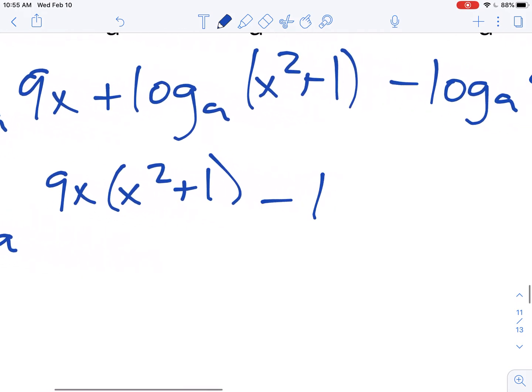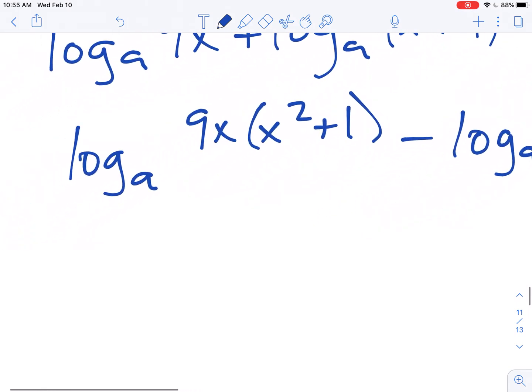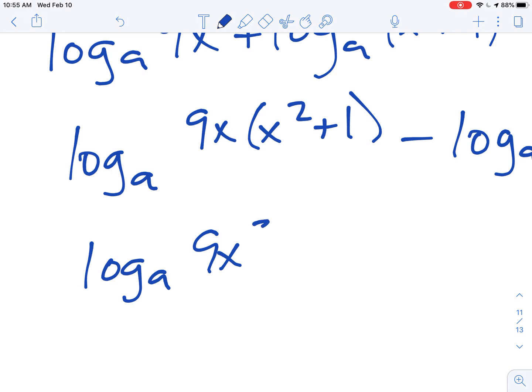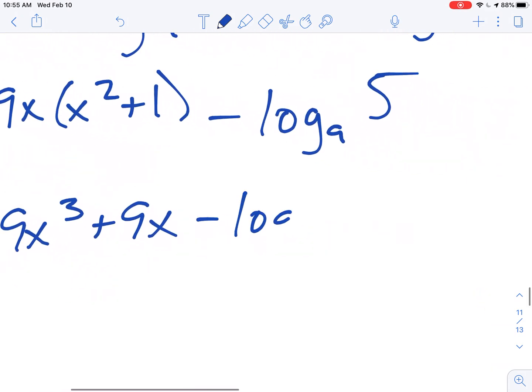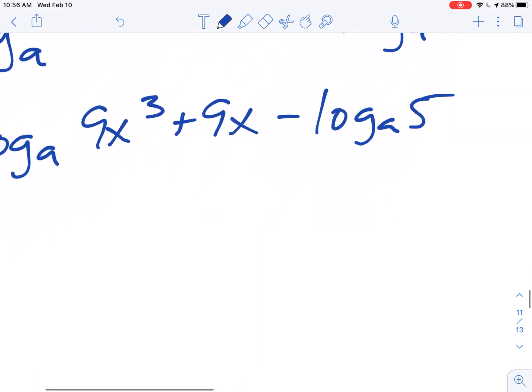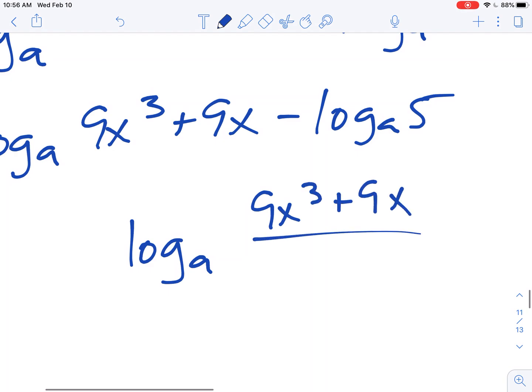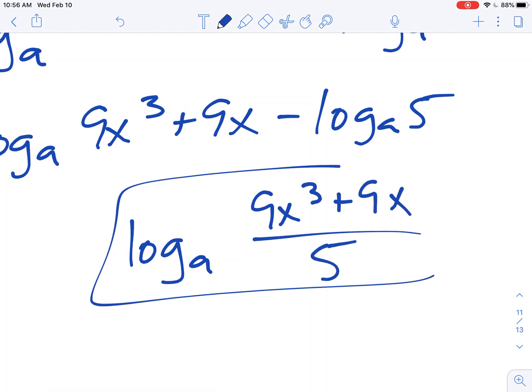And this is minus the log base a of 5. I'm going to rewrite this as the log base a of 9x cubed plus 9x minus the log base a of 5. And then I'm finally going to rewrite this as the log base a of 9x cubed plus 9x over 5.